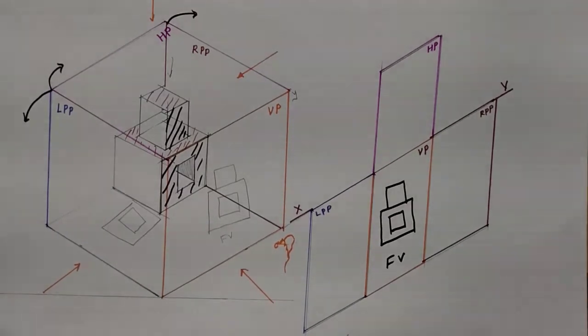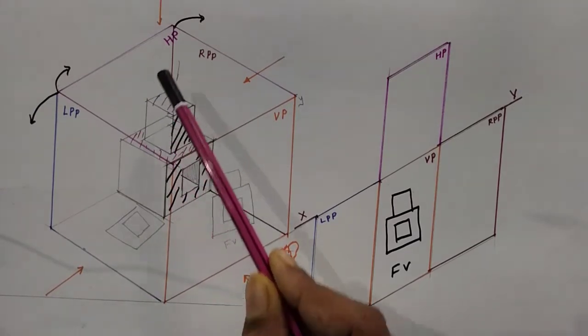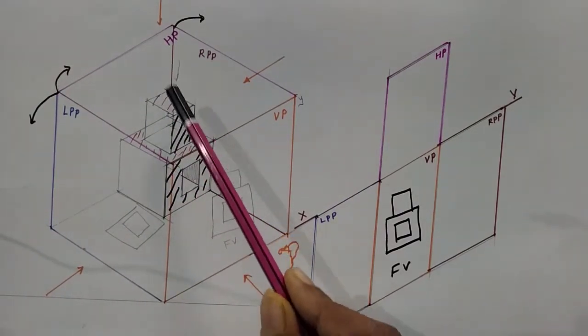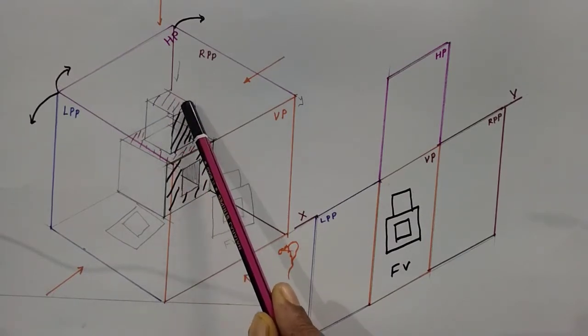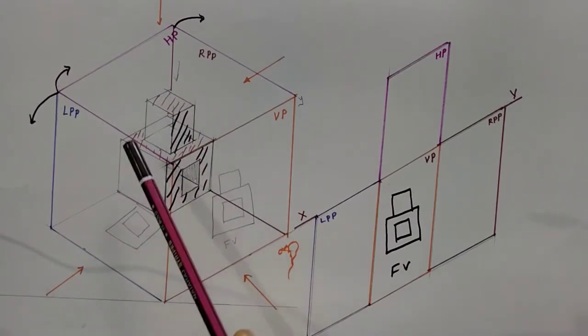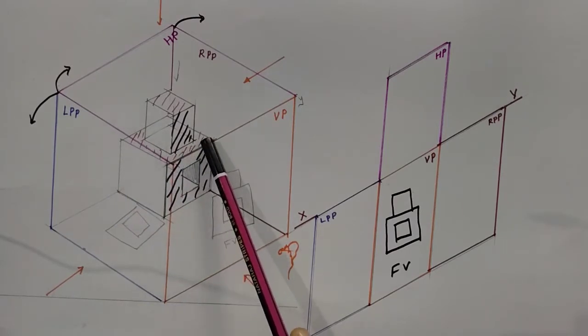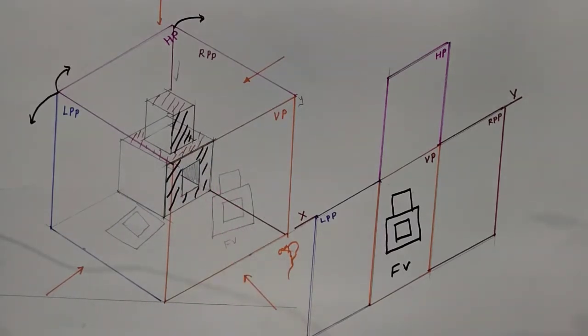So when we observe the object from the top orientation, on the top view we can see this small rectangle as well as this surface.